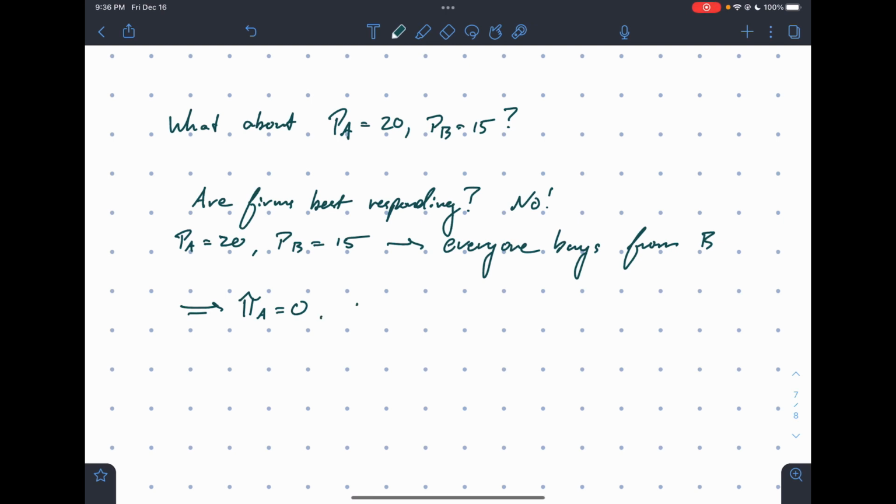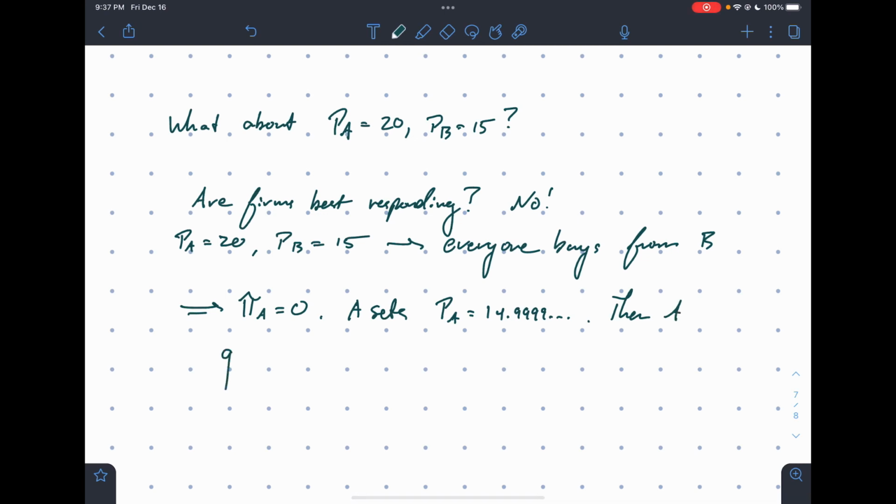Now, what if A sets PA equal to 14.9999 repeating?